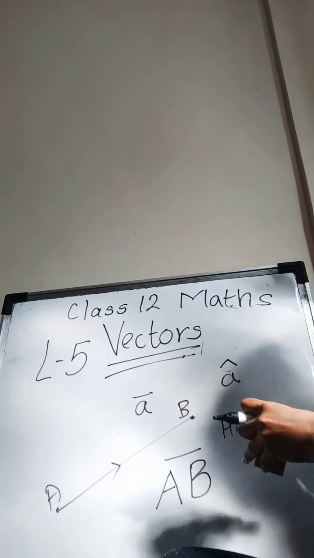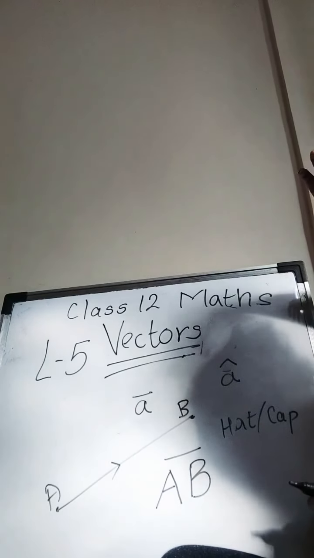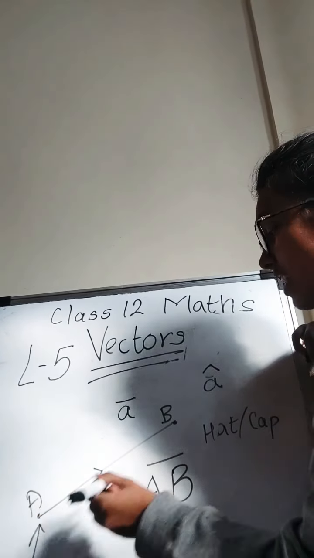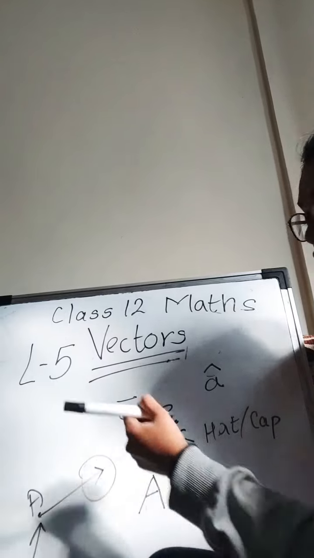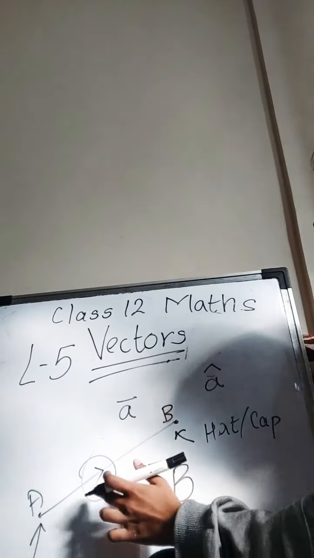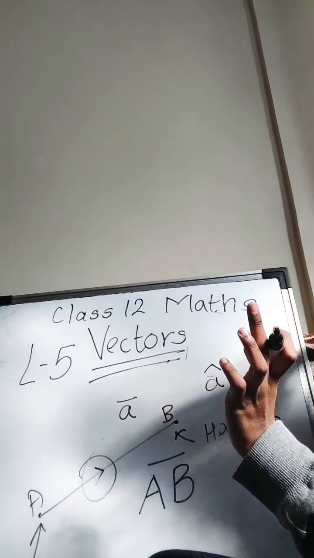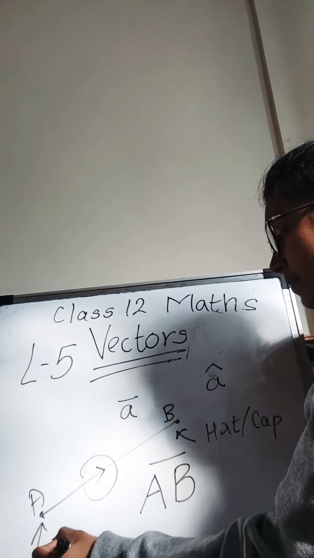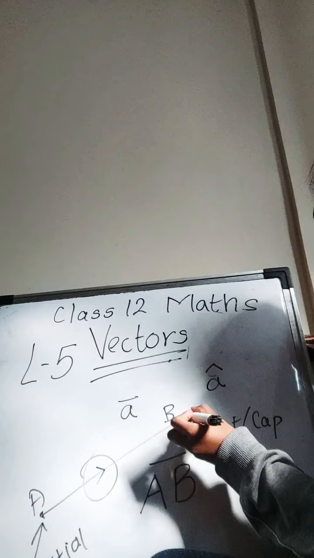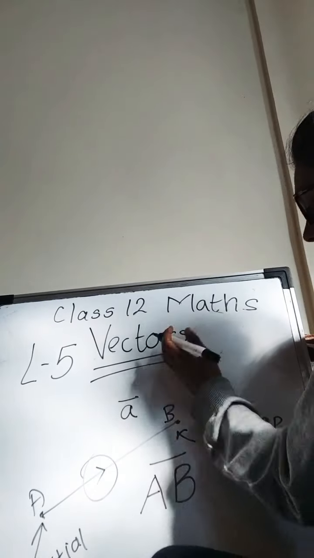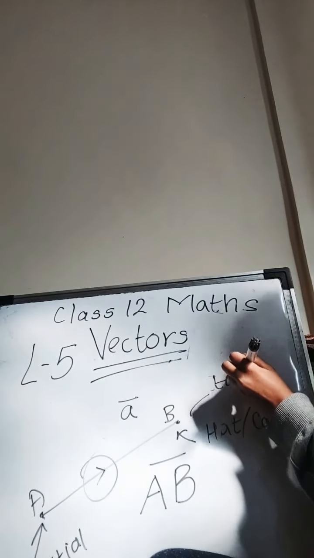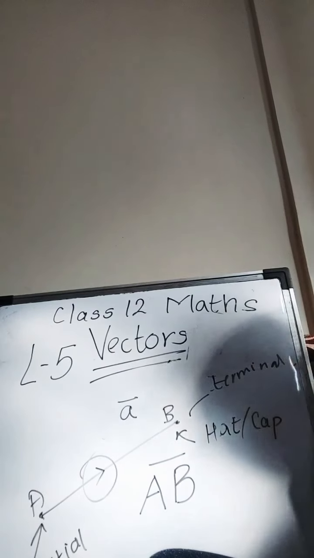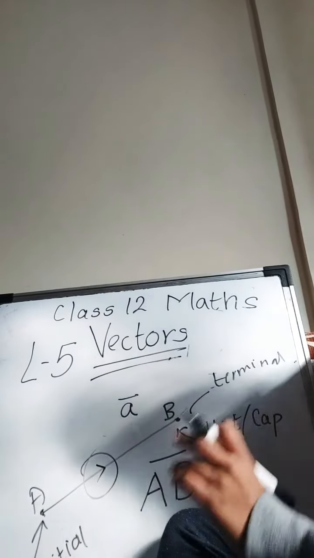It is as simple as it is. And this arrow represents the direction of the vector. This is your initial point and this is your terminal point. Okay, so simple.